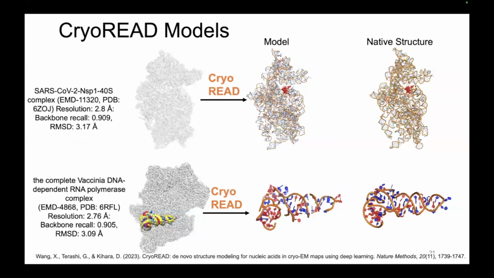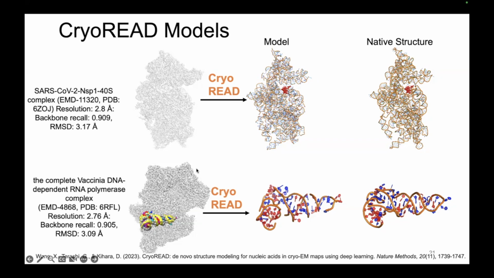Okay, these are examples. CryoREAD was published in 2023 in Nature Methods. These are the reported results. The resolution of 2.8 is very high resolution. Even for very large structures, like ribosome structures, we can build the structures very nicely.